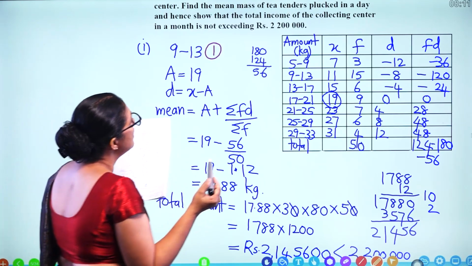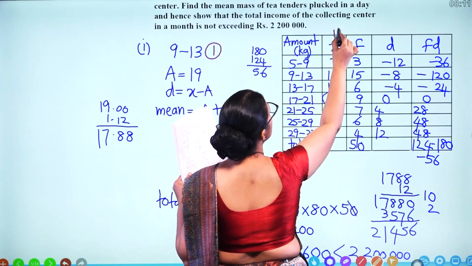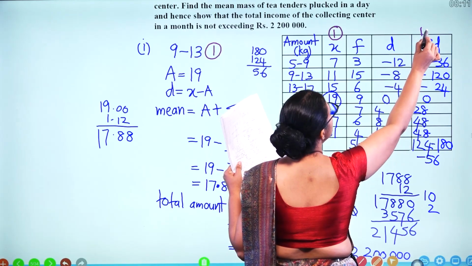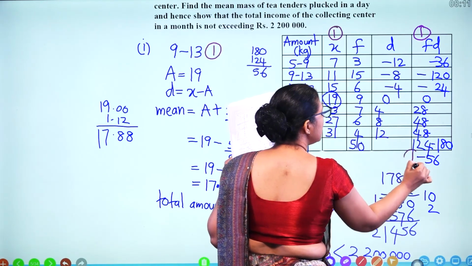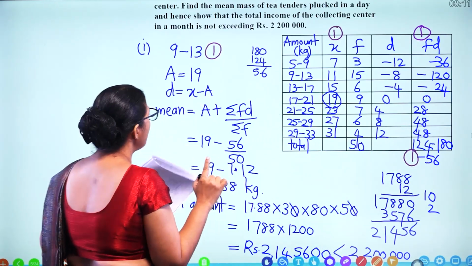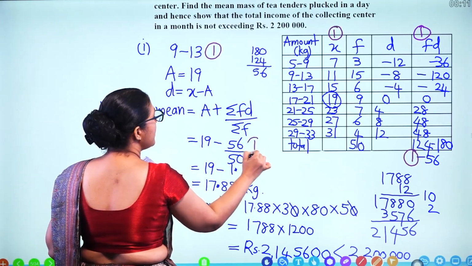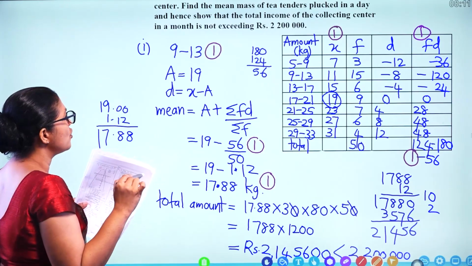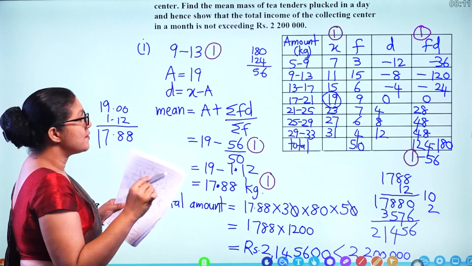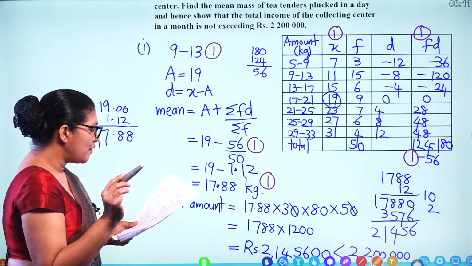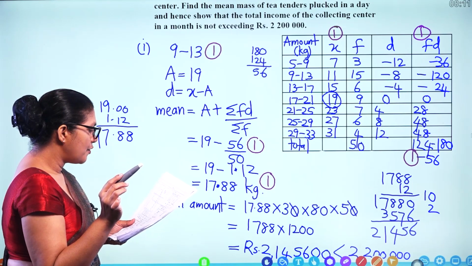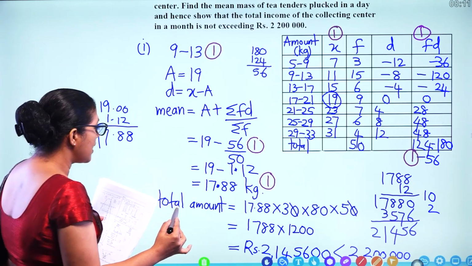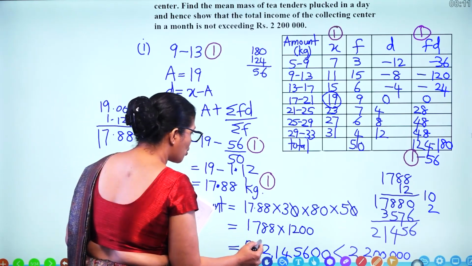So mid value, 1 mark. FD, 1 mark, and total FD, 1 mark, 3. And then applying this one, 4, and 1 mark for this, 5. Altogether 6. Then 4 marks remaining, we are getting the conclusion.